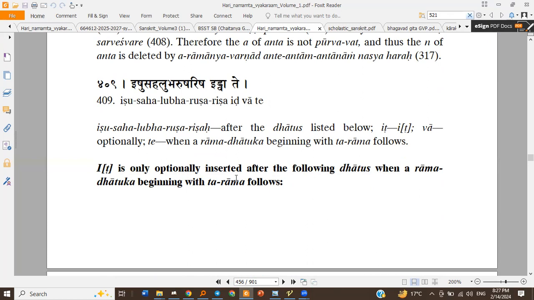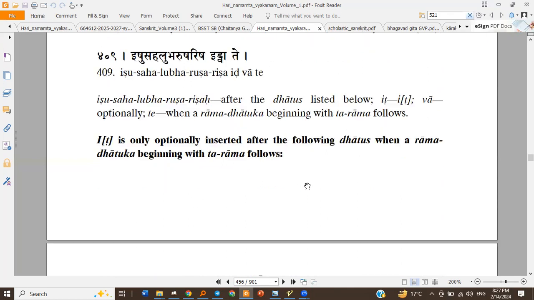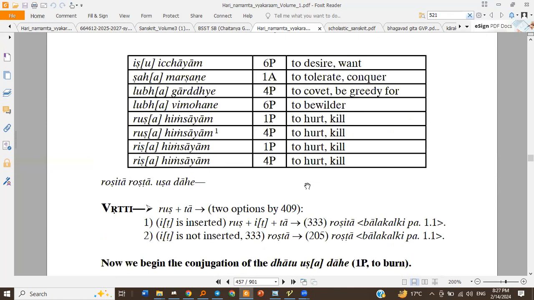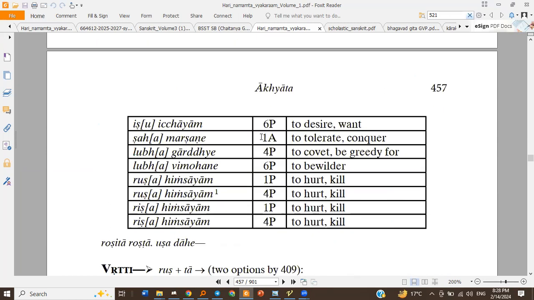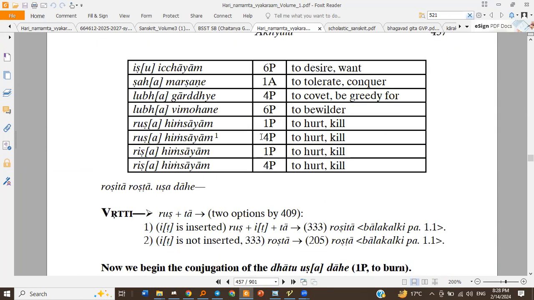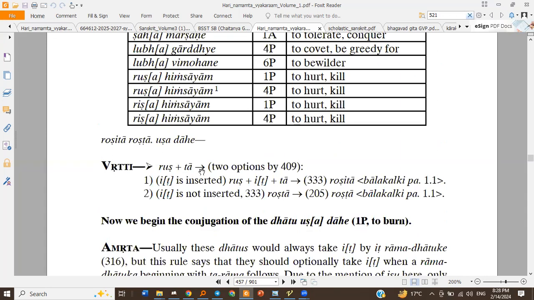It is only optionally inserted after the following dhatus when a Ram dhatuka beginning with the Rama follows. So these are the dhatus which optionally take it when any Ram dhatuka pratyay beginning with the Rama is following. So Rush is one of them. So Rush plus Ta, this is Balakalki. So it is optionally applied. When it is applied Roshita, and another time it's Roshta.